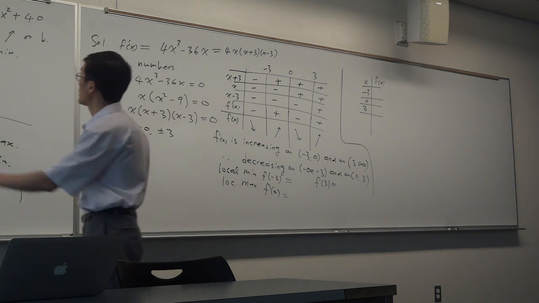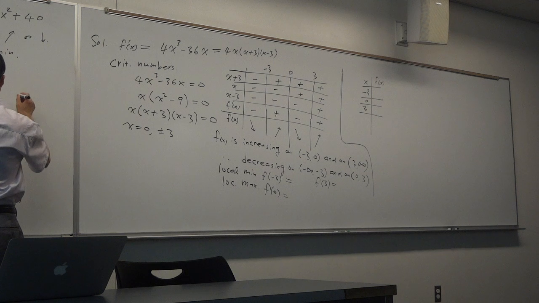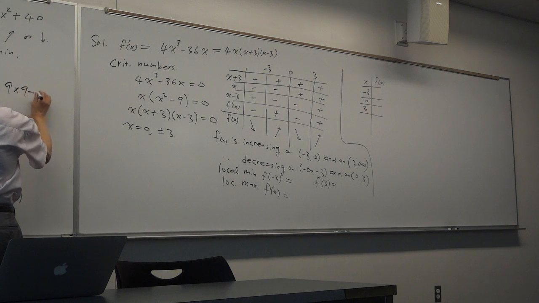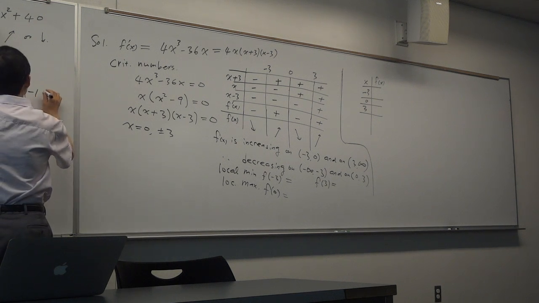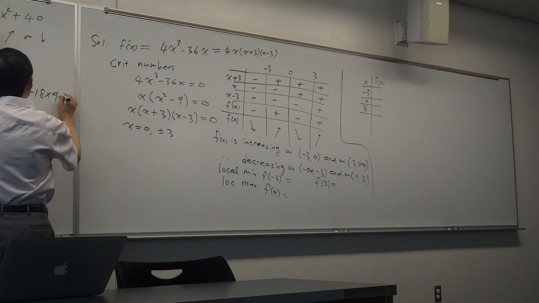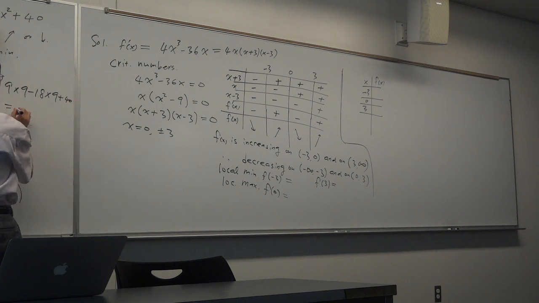So what do you get? -3 to the 4th, that's 81, right? So it's really 9 times 9. And then 18 times 9 plus 40. And that is a negative, you can take out a common factor. So this part is -81. If you take out a 9, what's left is -9.